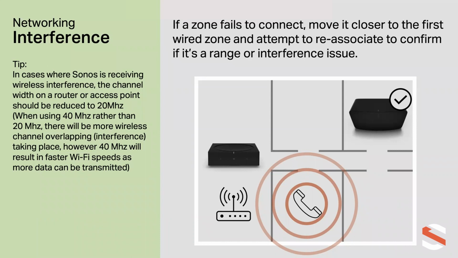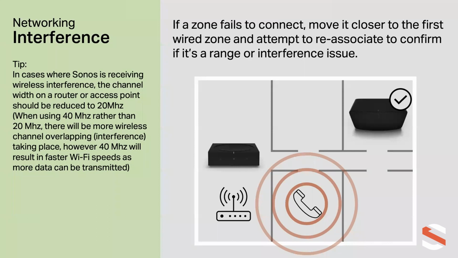Now, we do recommend having some sort of Wi-Fi analyzer available. I know there are a lot of options out there, and we highly recommend having some sort of Wi-Fi analyzer to check this type of stuff out for your customer. It's just, again, one of those things that will really set you apart from other installers.